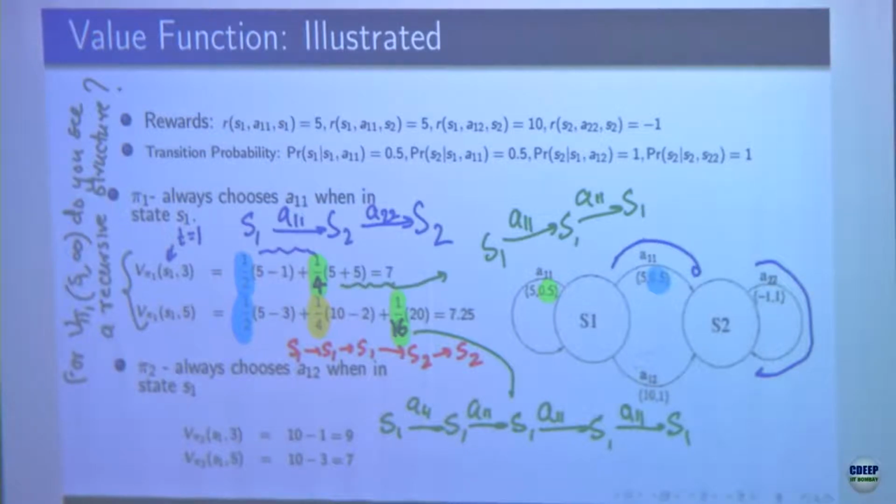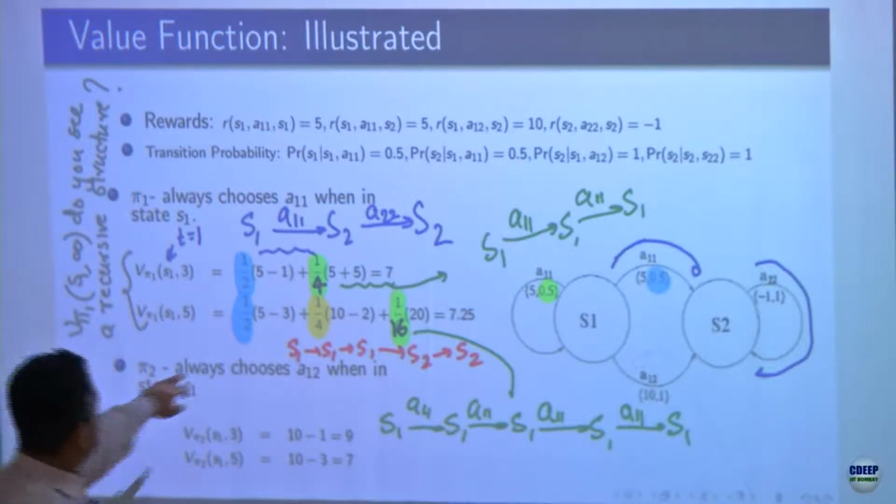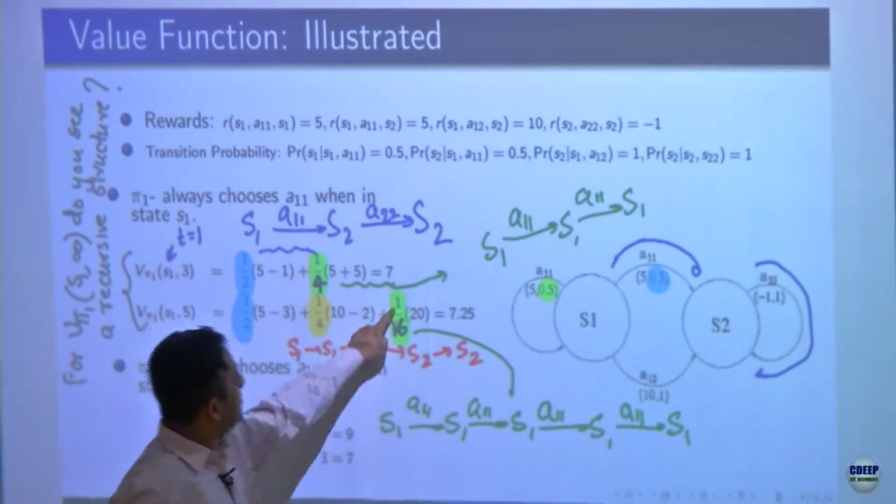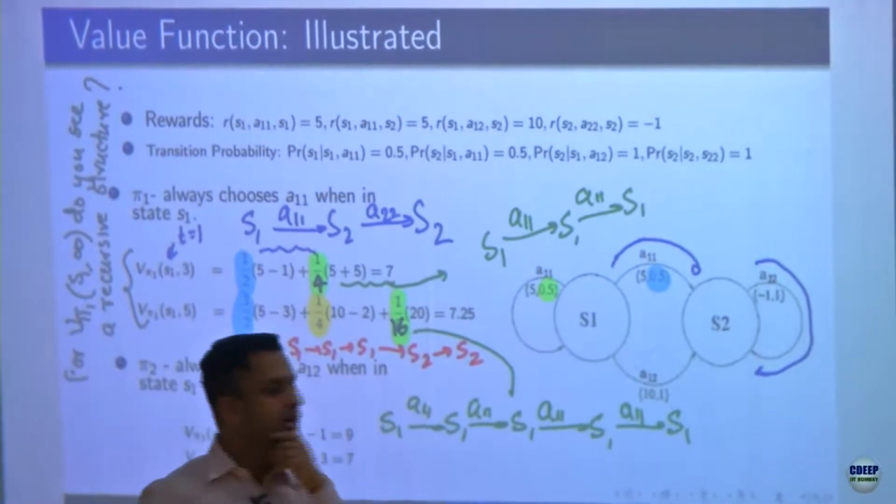Yeah. One more term for what? This term is okay, right? For this one it is okay, it should be 1 by 4. The second one, the 1 by 16, and you are saying there should be one more. Where?